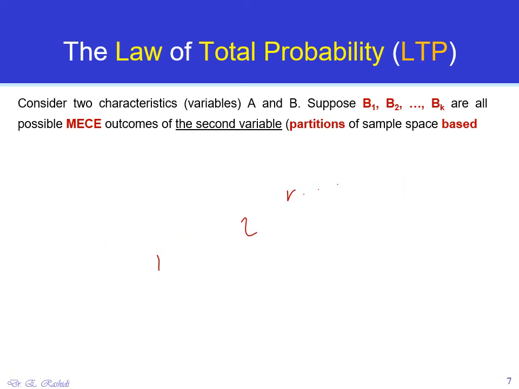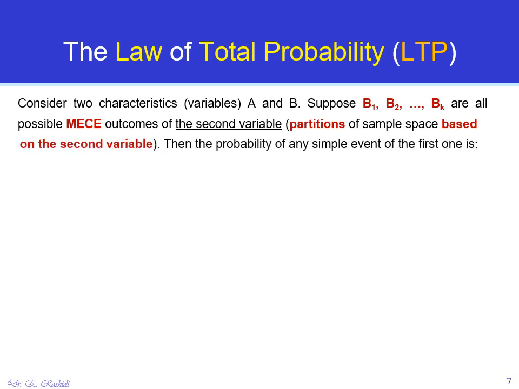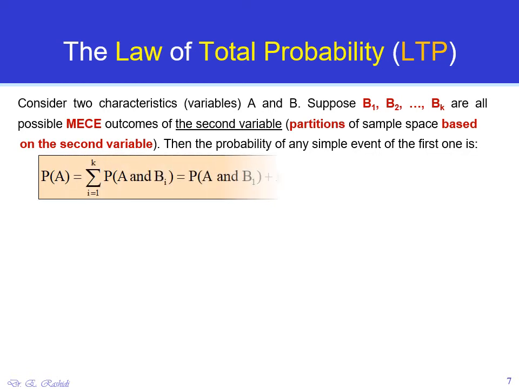This is called MECE outcomes of the second variable, or the partitions of the sample space based on the second variable. Then the probability of any simple event of the first variable, A, is calculated using this formula.